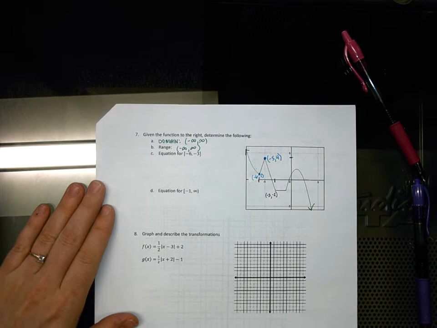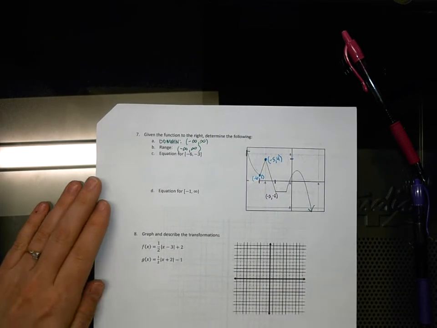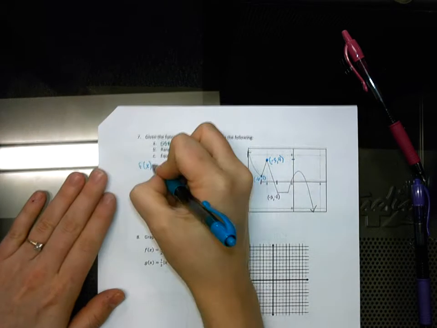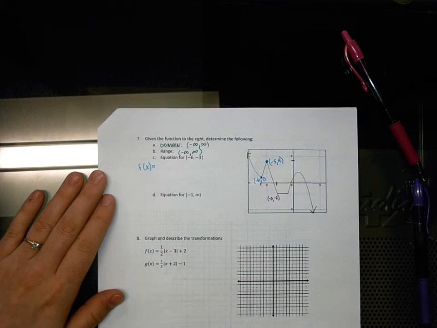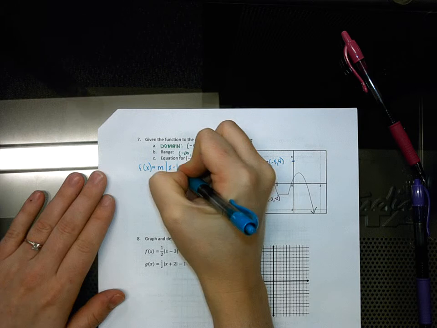So we'll talk about the other points after we write this equation, but I know for an absolute value function, my vertex form is m times the absolute value of x minus h, plus k.